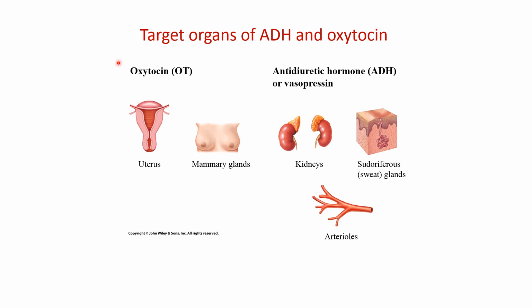You can see the major target organs for oxytocin are the uterus and the mammary glands, whereas the target organs of ADH are the kidney and the blood vessels, arterioles. There might also be another site, the sweat glands. These are the two major targets of ADH though.